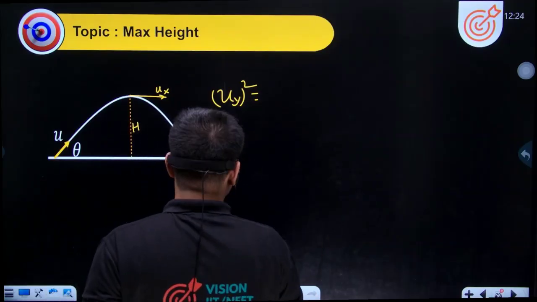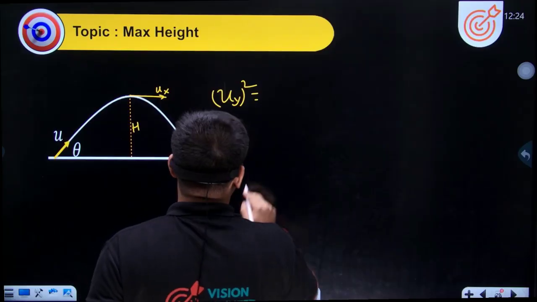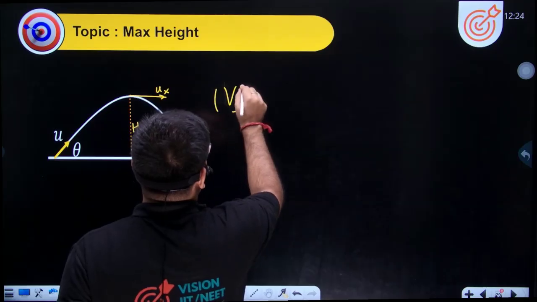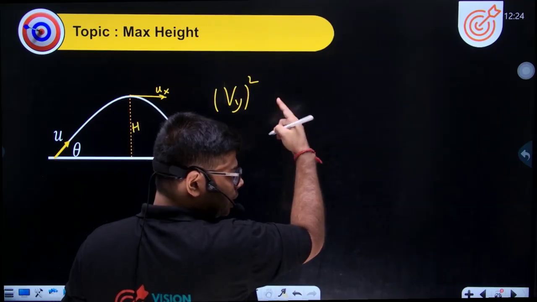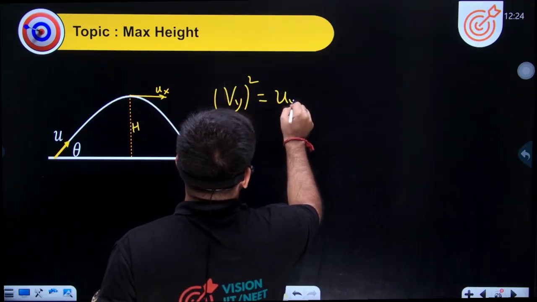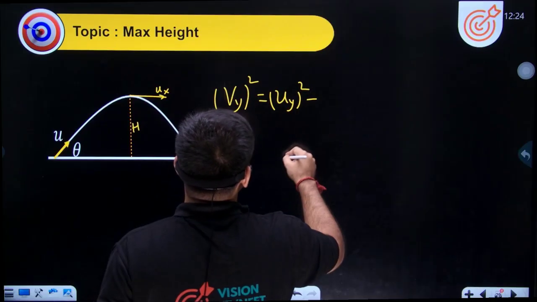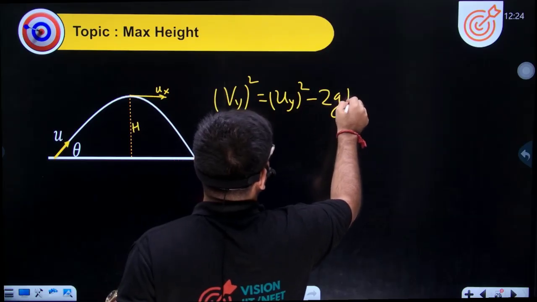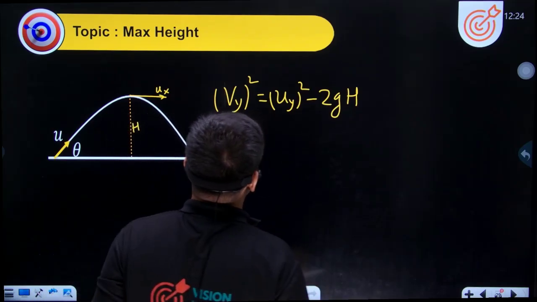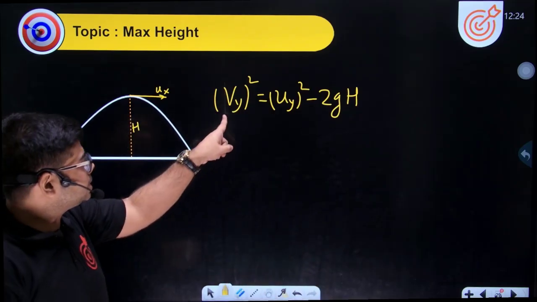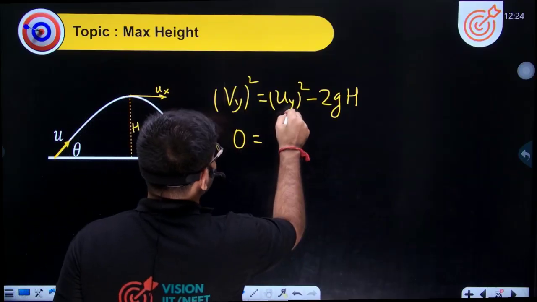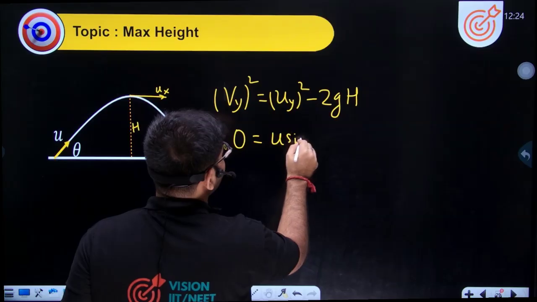So I can say vy square, the final velocity along the y axis, vy square is equal to uy square minus 2gh. Why minus? Because g is in the negative direction, that is why minus. So this is 0. So 0 is equal to uy square minus 2gh, where uy is u sin theta.